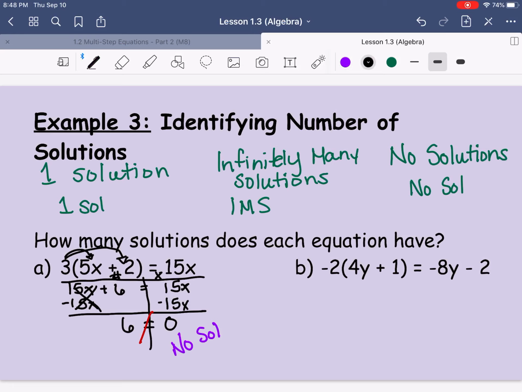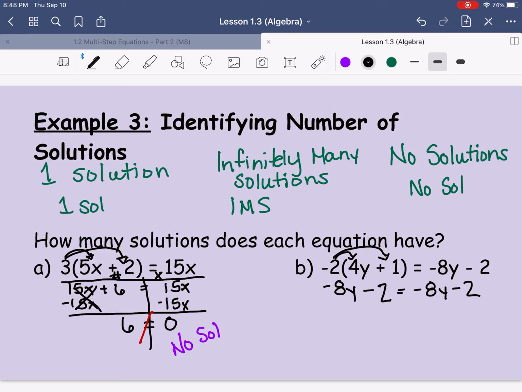Let's take a look at B. And I distribute. -2 times 4y is -8y. -2 times +1 is -2. And I'm noticing that they're the same on both sides.